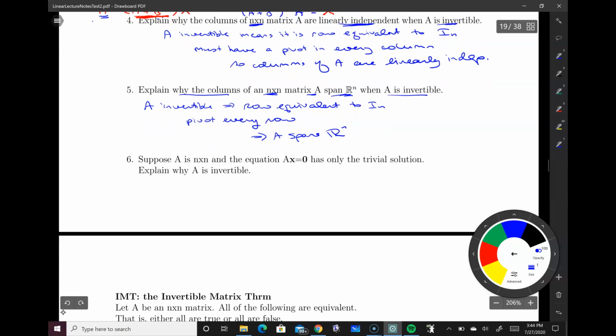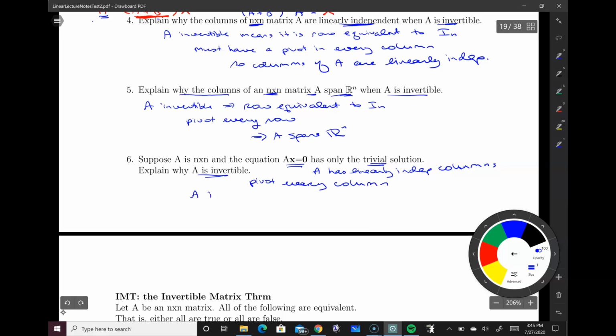All right, here's another question. If A is an n by n matrix and Ax equals 0 has only the trivial solution, then explain why I know that A is invertible. So if this has only the trivial solution, that means A has linearly independent columns, and that means there must be a pivot in every column.